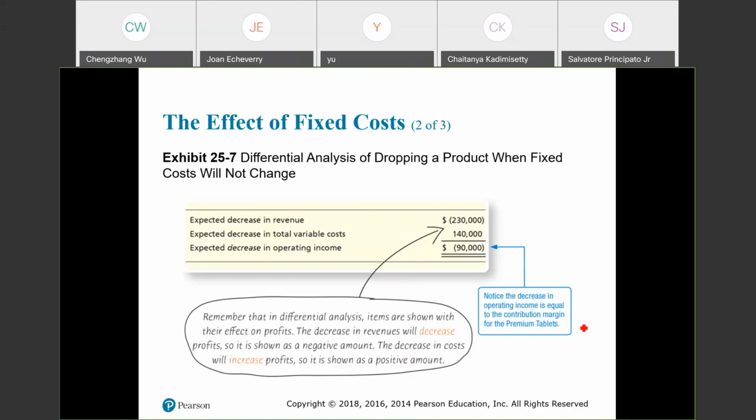The decrease in variable cost has a positive effect on the operating income. So when we sum up these two effects together, both on revenue and the decrease in variable cost, we have a negative $90,000.